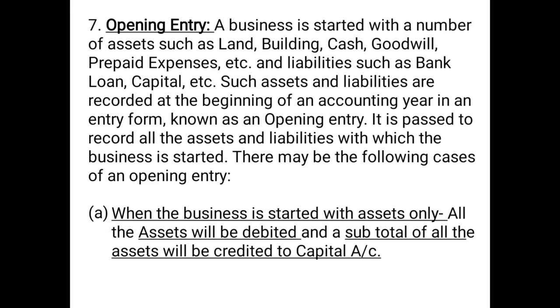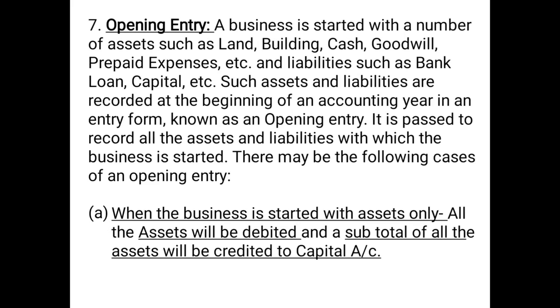There may be the following cases of an entry. Now you should remember one thing, children, that the total debit should be equal to the total credit. So there may be a situation when the debit and credit are automatically the same. That means the amount of assets with which the business is started is exactly equal to the amount of liabilities with which the business is started.